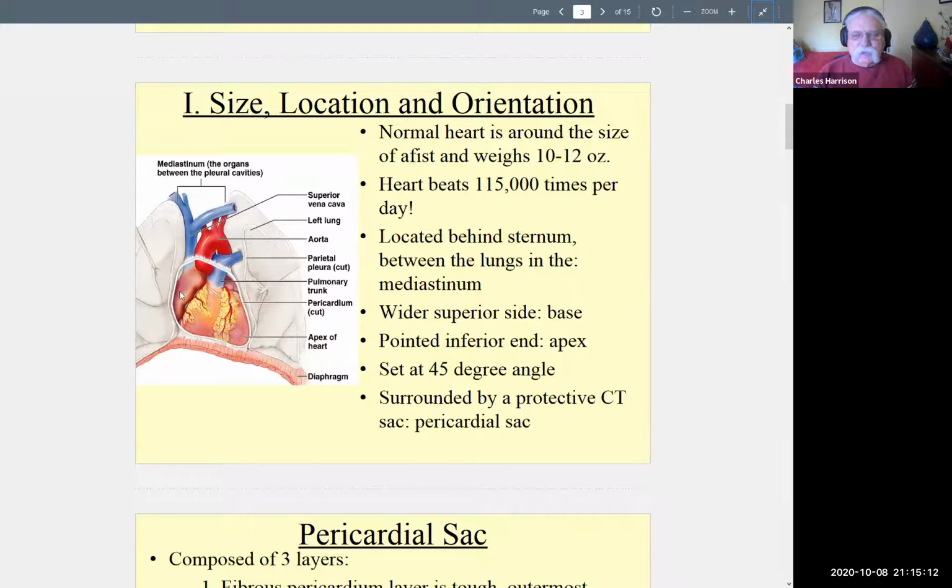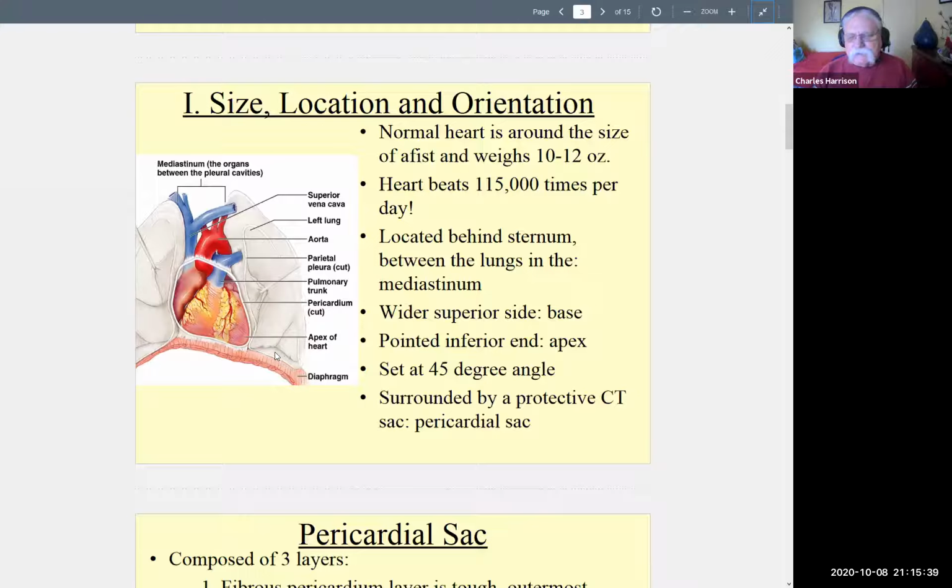Okay? The top, the wide portion, is the base. We have a triangle here, and the wide portion is the base. The point of the triangle is the apex, and the apex of the heart then points roughly down and to the left. It's set in there at a roughly 45-degree angle, a little different for each of us, of course.